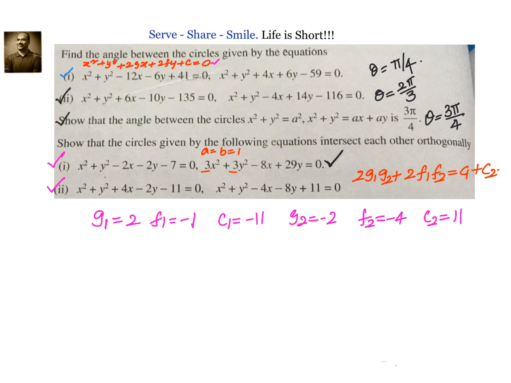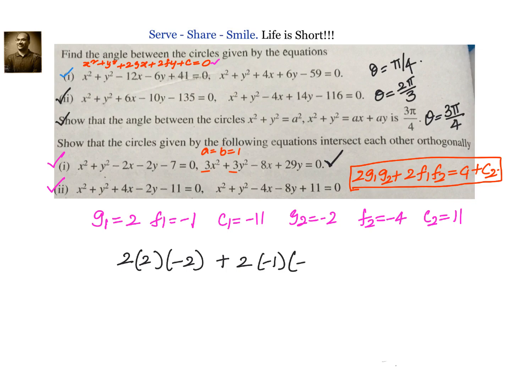The formula we need to apply is written here: 2 g1 g2 plus 2 f1 f2 equals c1 plus c2. Substitute LHS: 2 into g1, 2, into g2, minus 2, plus 2 into f1, minus 1, f2, minus 4, is equal to c1, minus 11, plus c2, 11.